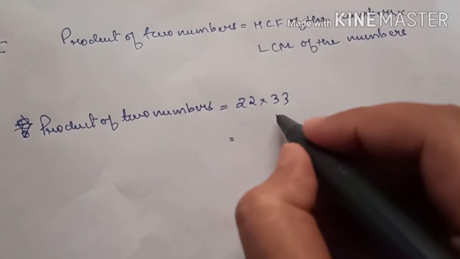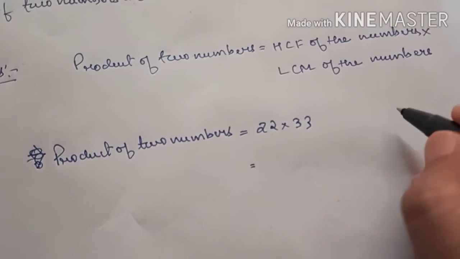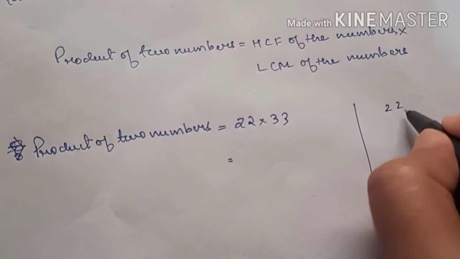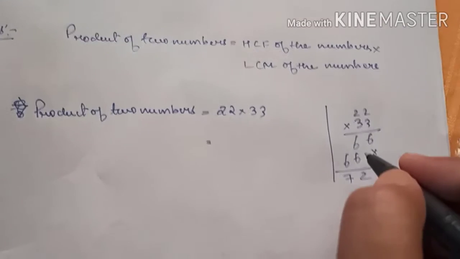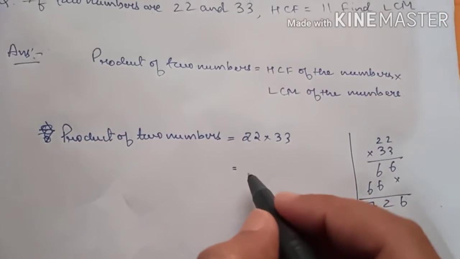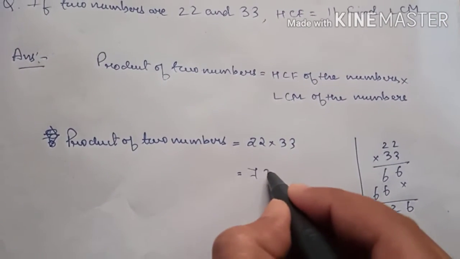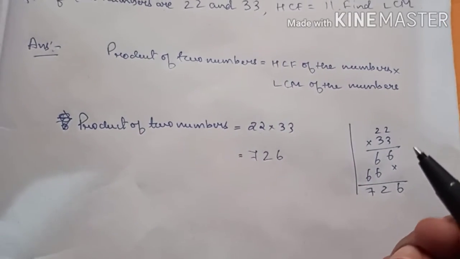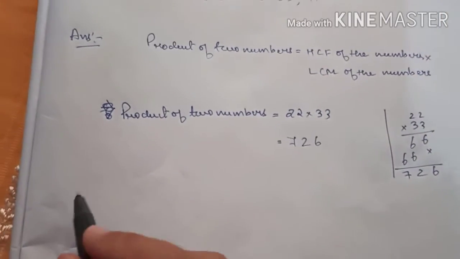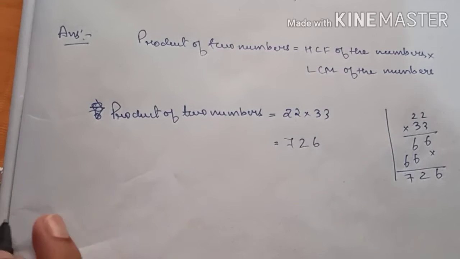You can do this in the rough, okay? So 22 into 33 is 726, okay? Now we will write the formula again.